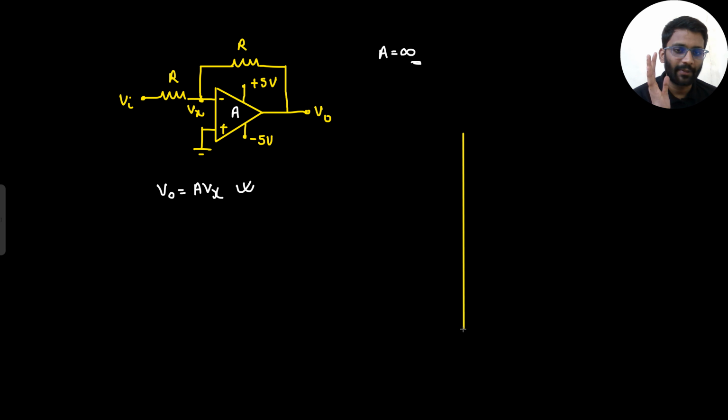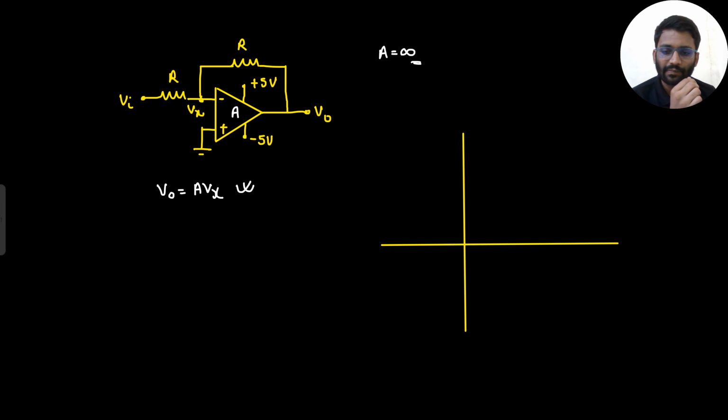Now I am drawing the graph between V0 and Vx, V0 on the y-axis and Vx on the x-axis. How will the graph look? When the Vx value is positive, what will be the V0 value?